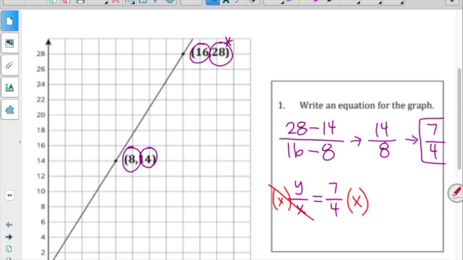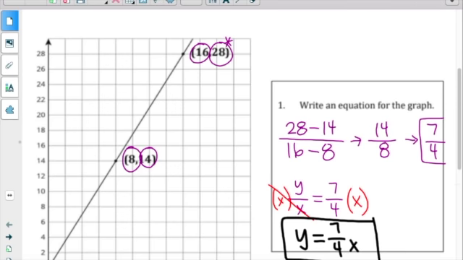And what that leaves me with is, on the left, I have y equals. My fraction is gone. And on the right, I have 7/4 x. And this is how we want you to try to start writing your equations. Y is equal to 7/4 x, where 7/4 is our slope.